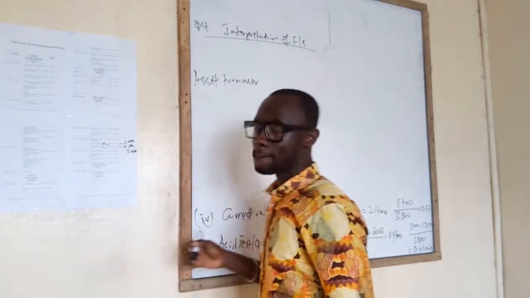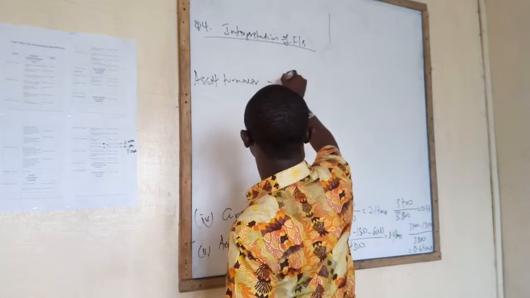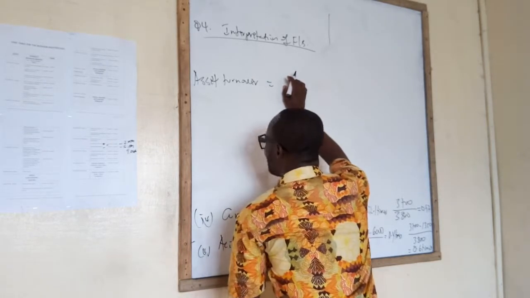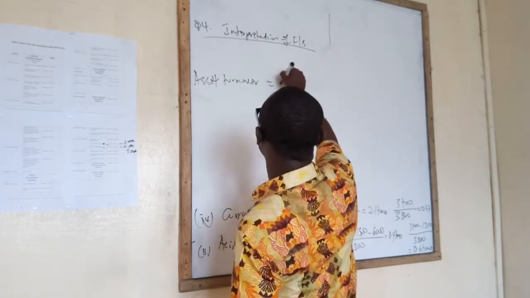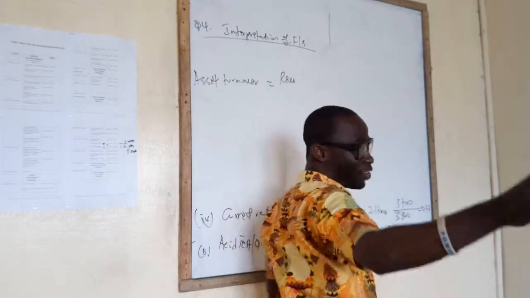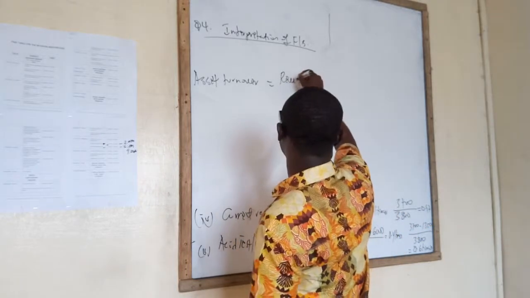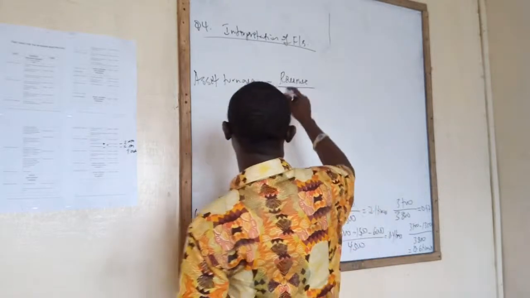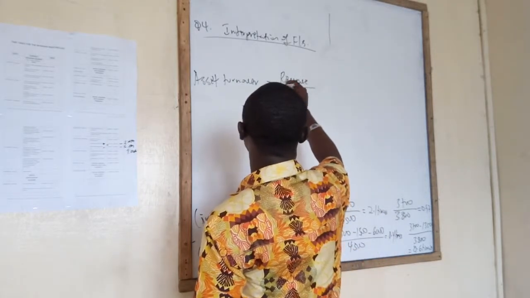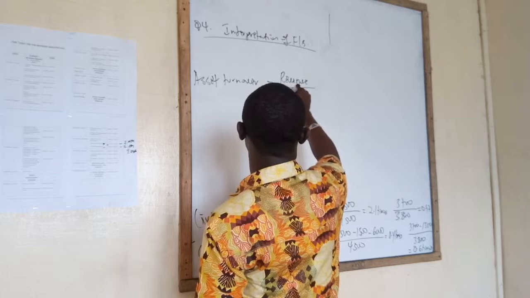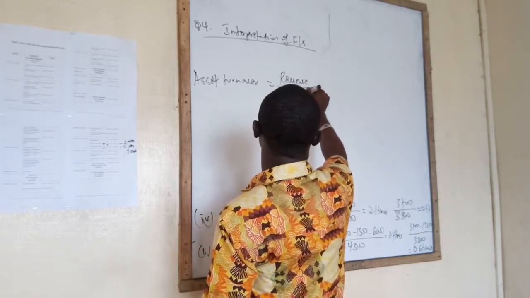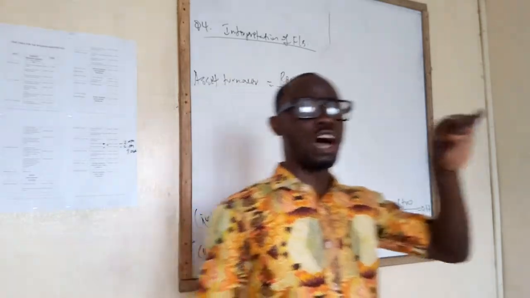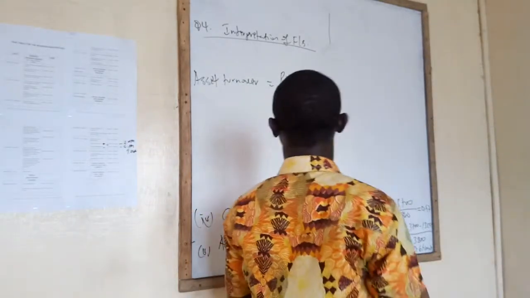Revenue over capital employed. So asset turnover is how much revenue the company generates from each $1 of assets employed.